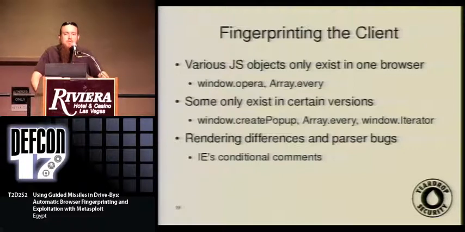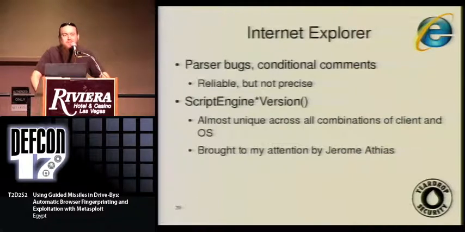So you could have a bigger comment for IE5 than for everybody else, and use that to determine that it's definitely IE5. The problem with this is it's not really precise. It's reliable, and it'll definitely tell us that it's IE 5.5 or older, but it's not precise. It only tells us that.